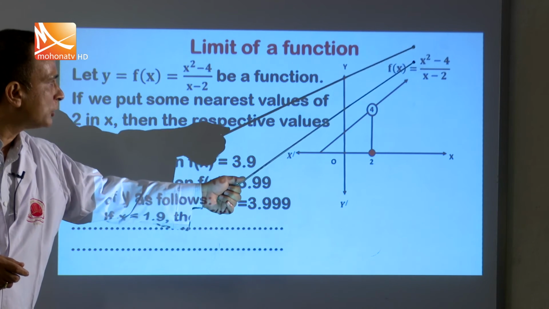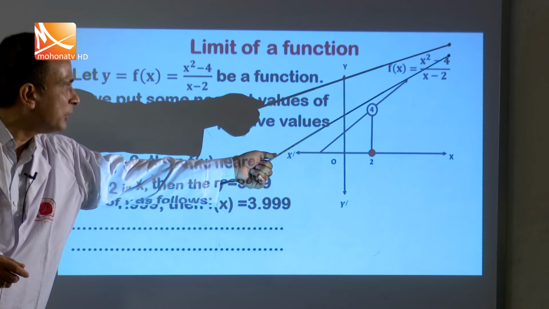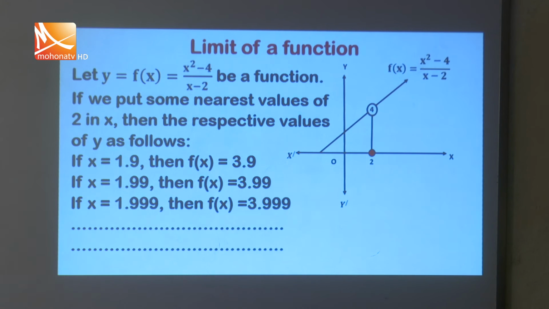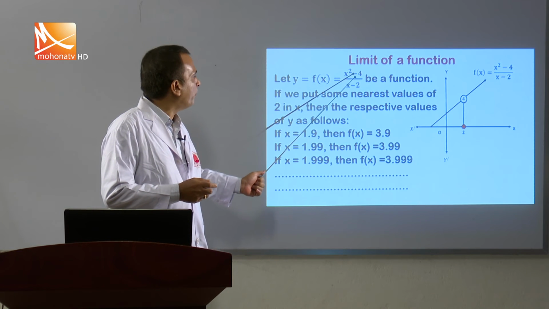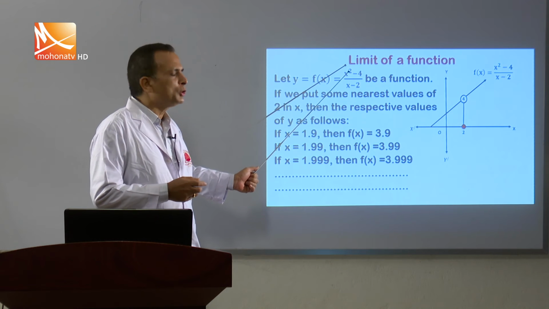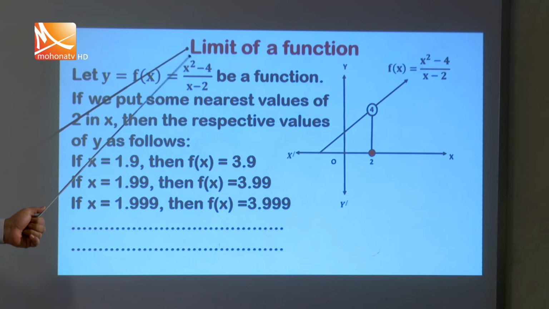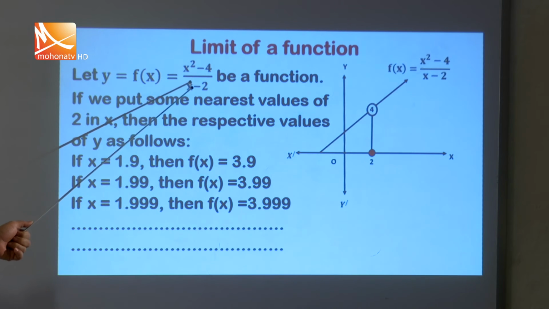You just see that this function is defined when x is greater than 2 or x is less than 2, but if x equals 2, it is undefined, because 2² − 4 over 2 − 2 is 4 − 4 over 0, which is 0/0, an indeterminate form. That is why it is undefined.